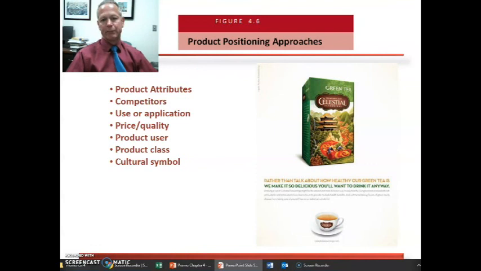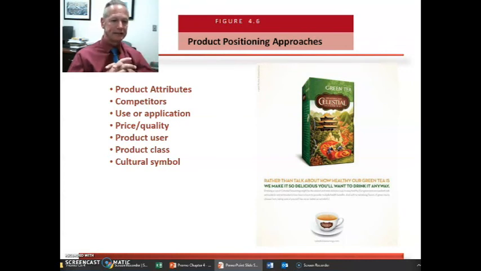So here's some product positioning approaches. Most of it is positioned against your competitors. You can position product attributes. For instance, I know that Apple right now is coming out with their iPhone and they're positioning it based on the camera. They have 3 lenses for their camera. They also have positioned it in the past being water resistant and those types of things.